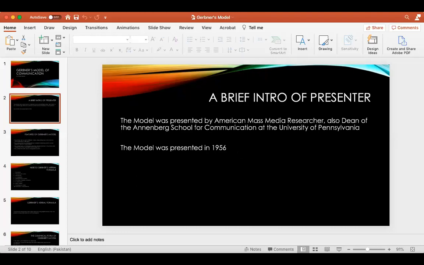Gerbner's model is actually a chain of perception, production, perception, production, perception, production. These two ideas are very important when you are discussing Gerbner's model. Perception means the journalist's perception, or whatever way the machine captures the situation.